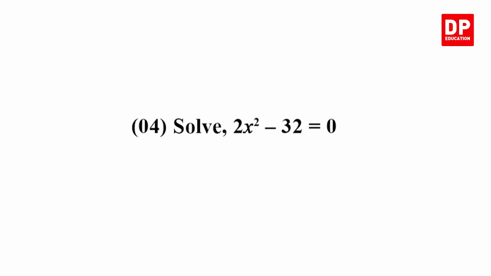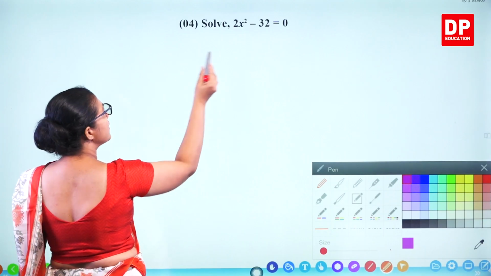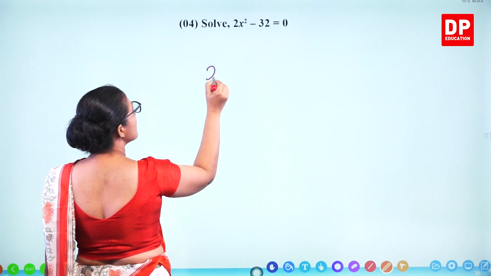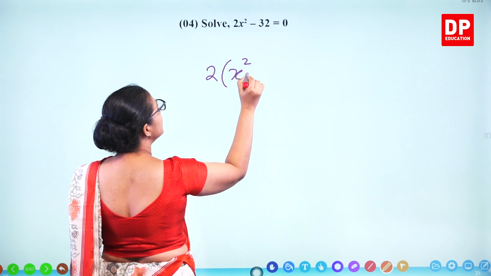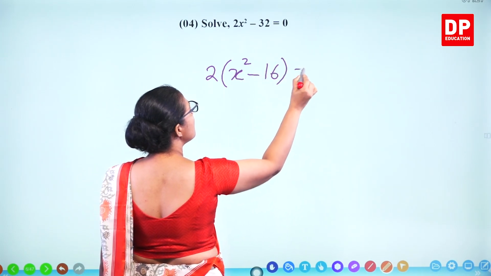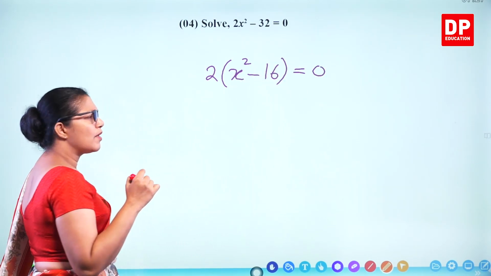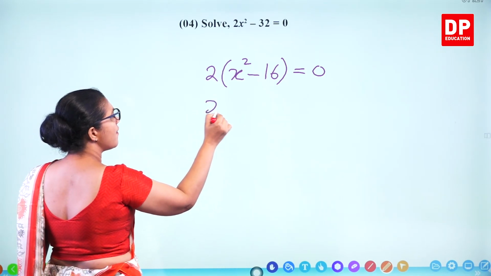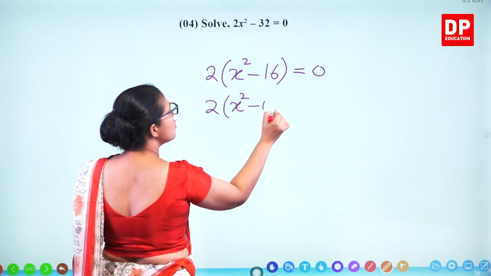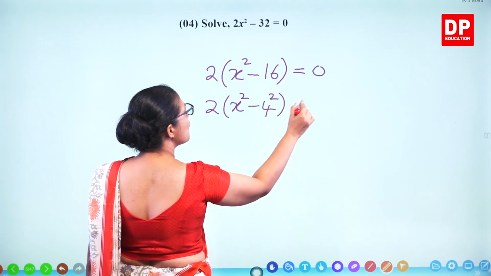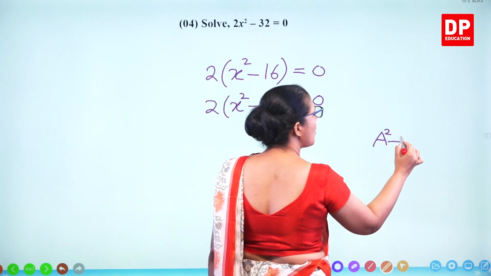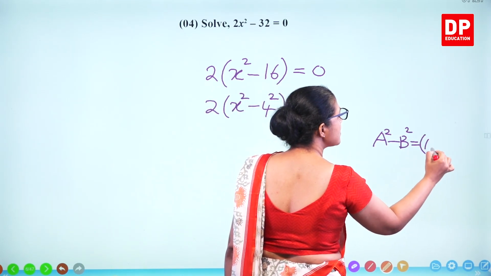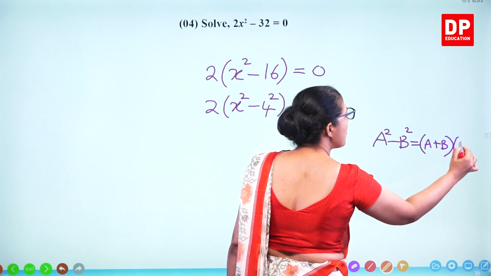Question number 4, solve. How do we solve that? There are 2 methods. You can take 2 out and factorize this. You get 60. And find out the factors. What's x squared minus 16? You can write it as the difference between 2 squared terms. 16 is 4 squared. So if this is a squared minus b squared, you can write the factors as a plus b, a minus b.